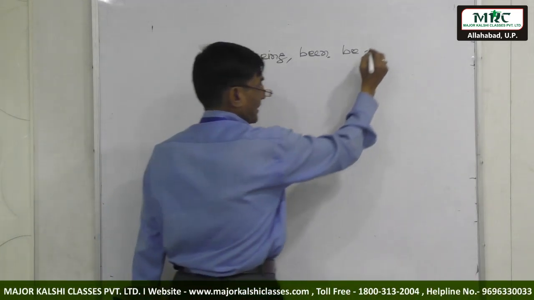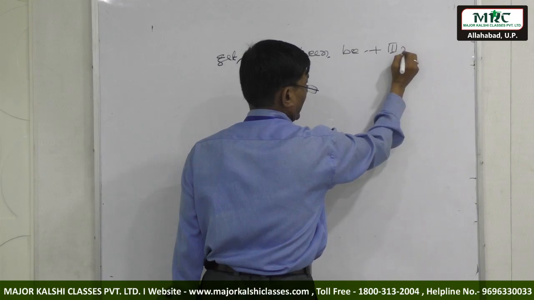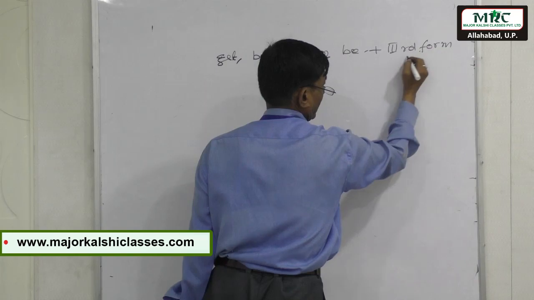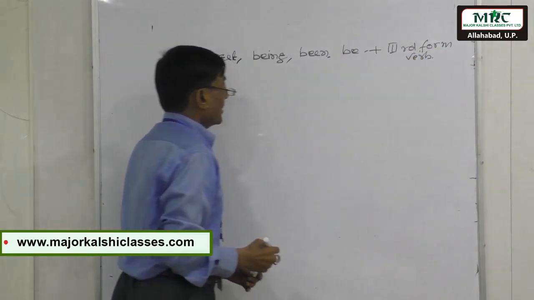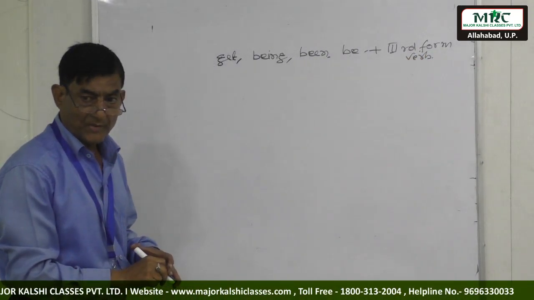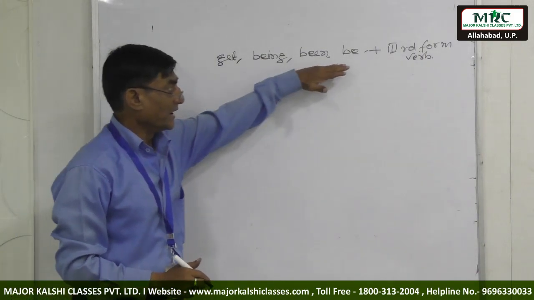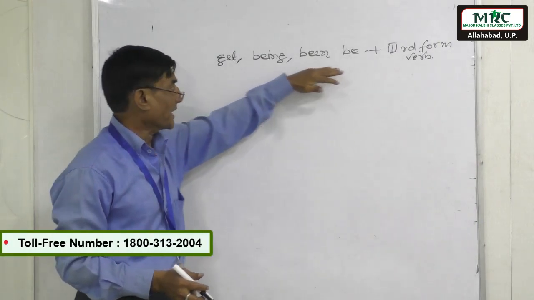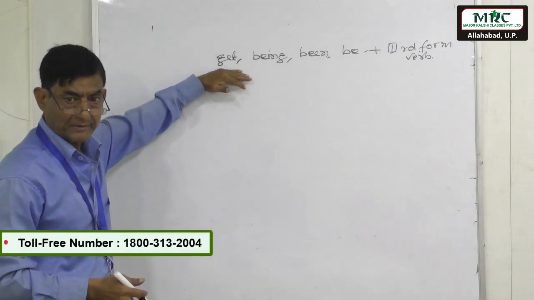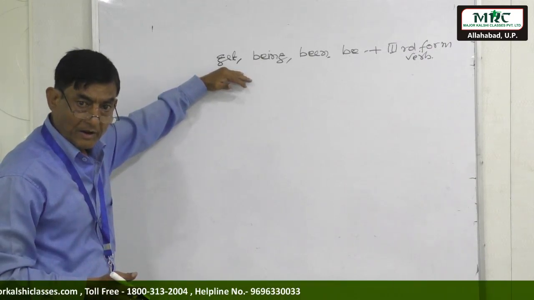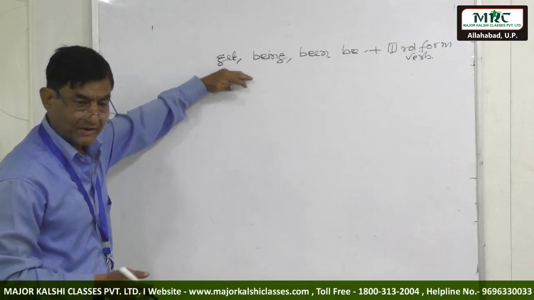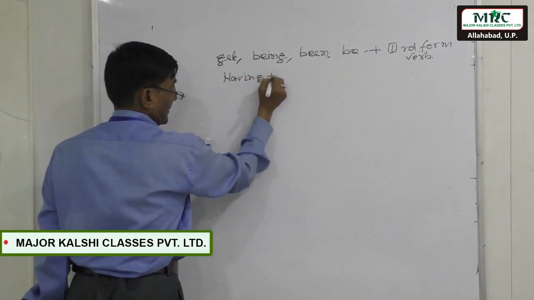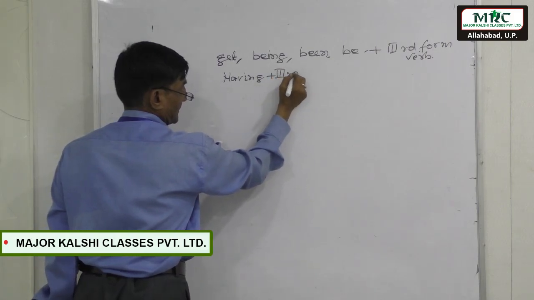It always takes the third form of verb, and it is applied in passive form. Get or got always take the third form of verb after it. In the same way, having always takes the third form of verb with it.